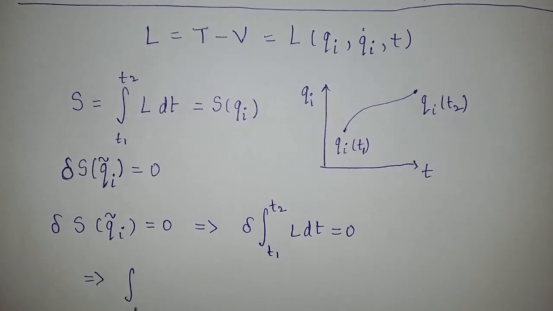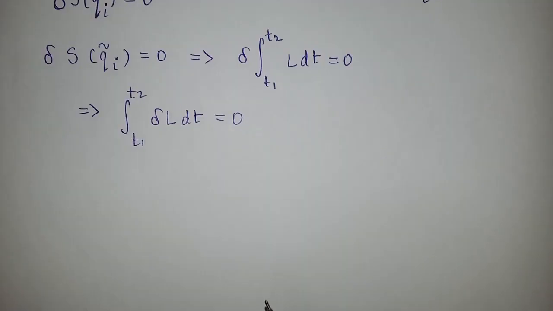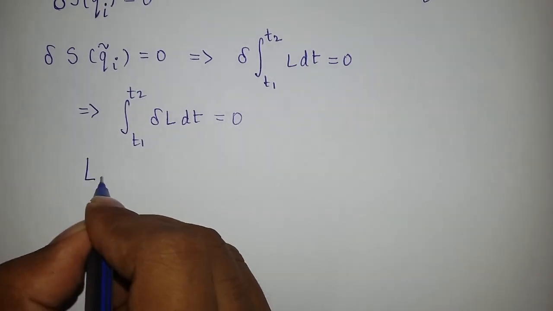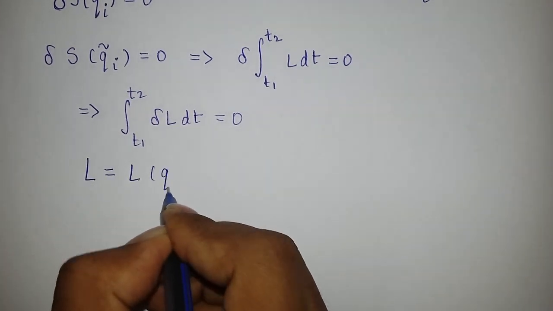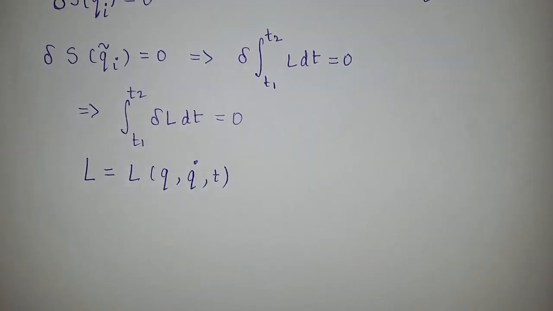This can also be written as the integral from t1 to t2 of delta L dt is 0. Now let us assume that L is a function of only one generalized coordinate, its time derivative, and t. This is taken without loss of generality, because at the end we would see that the result which holds for just one coordinate is also true for a set of coordinates.